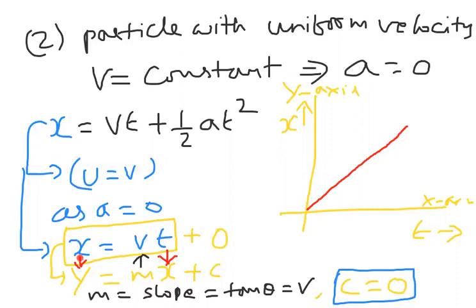Here x, the position, is taken on the y-axis and t, time, is taken on the x-axis. So m, the slope, is nothing but v, and C is the y-intercept, whose value is 0. We don't have any y-intercept, it's 0, so whenever the y-intercept is 0, the graph has to start from origin.